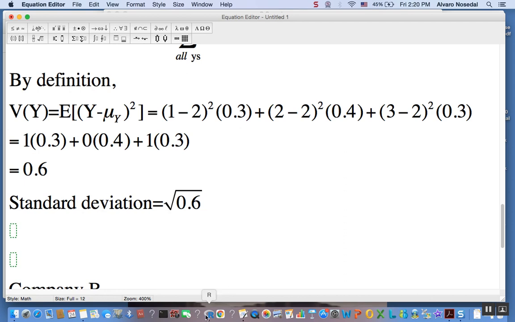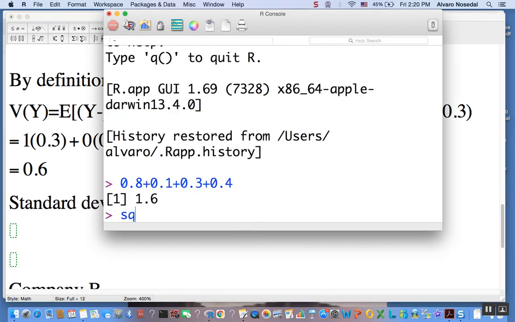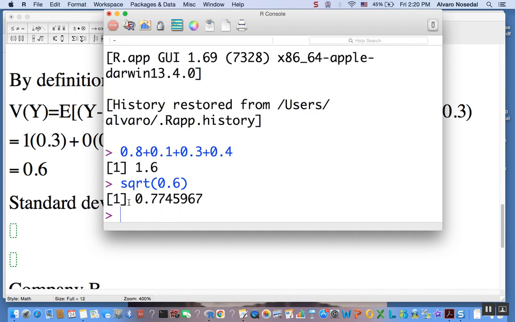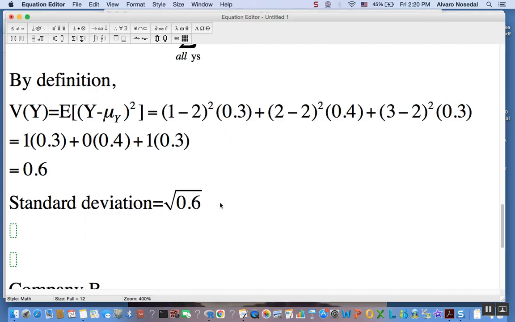Okay, and we could find it like that, right? Square root of 0.6. There we are. Roughly this.